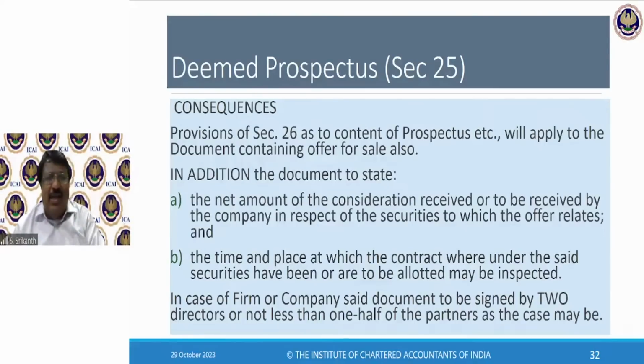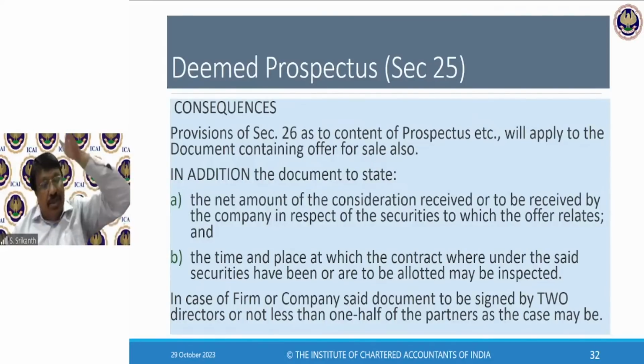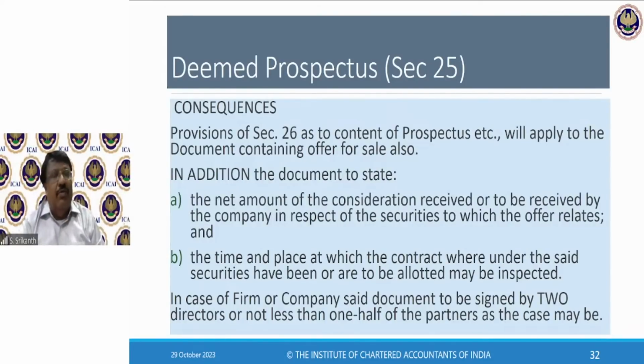One thing I'll tell you, this section 25 is not a new section in 2013. In the old law, as early as 1960, this section was introduced. It was called section 64 of the old law. This is not something new.